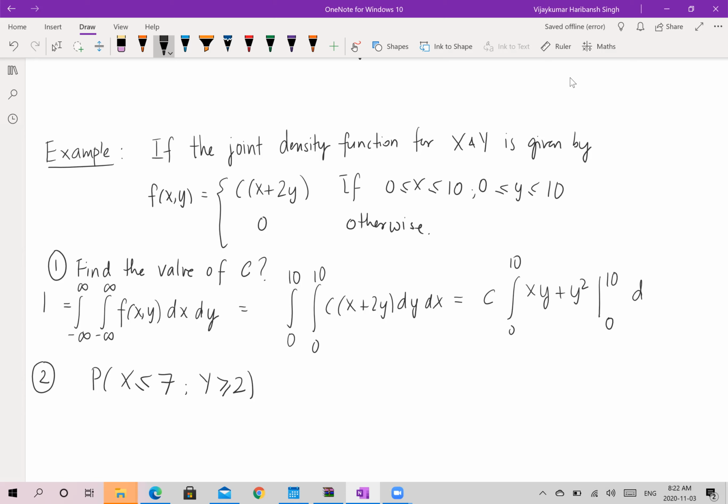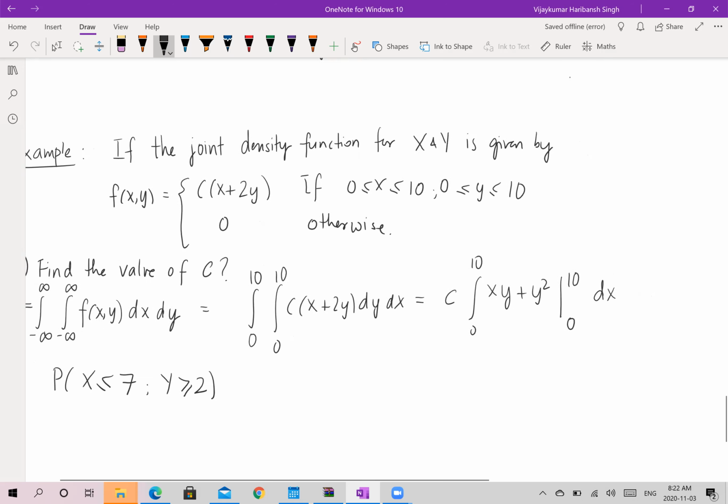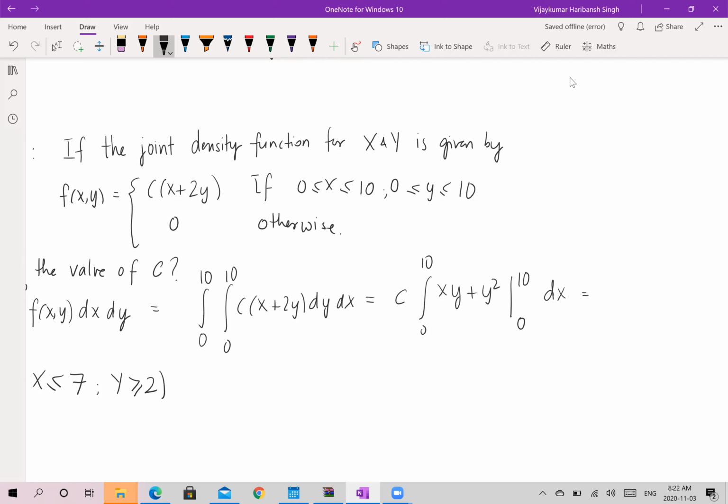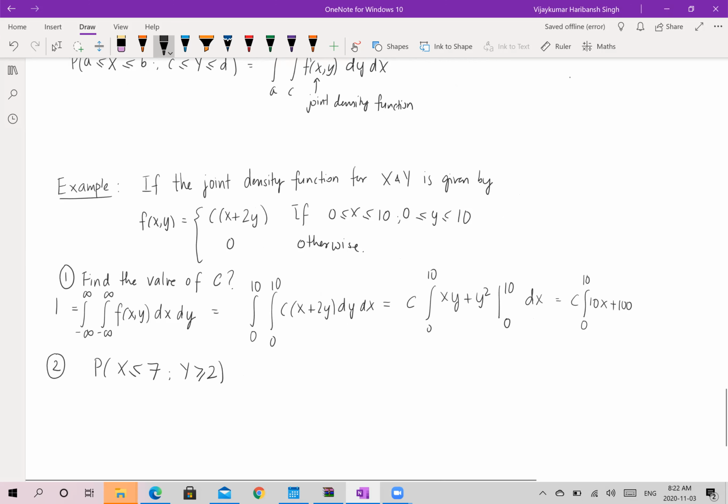And this is going to be c times the integral from 0 to 10 of 10x plus 100 dx, and the answer turns out to be c times 1500. So c times 1500 is 1, so c is 1 by 1500.